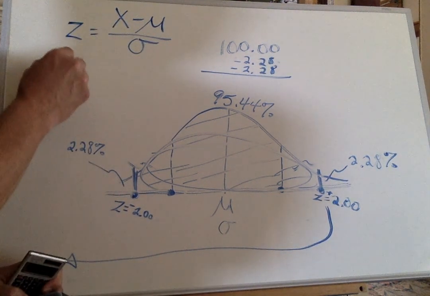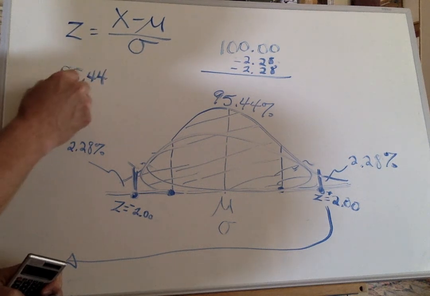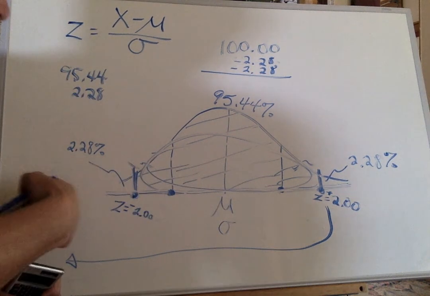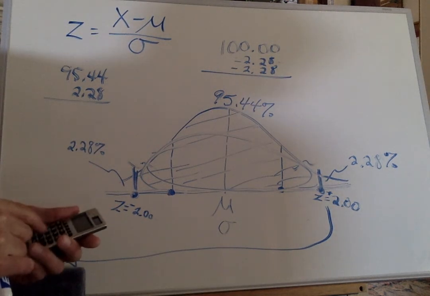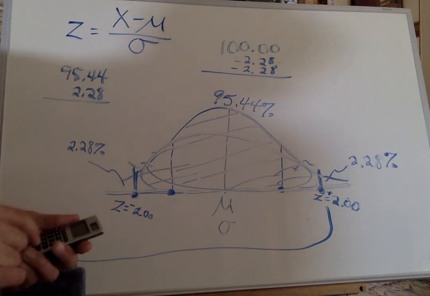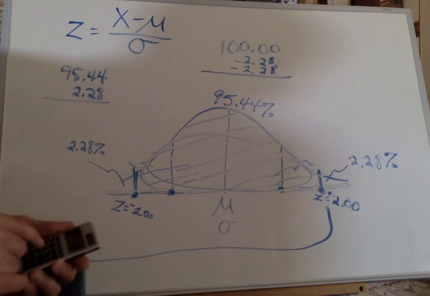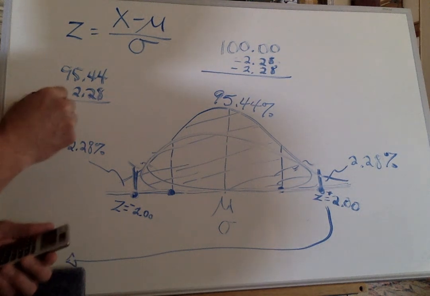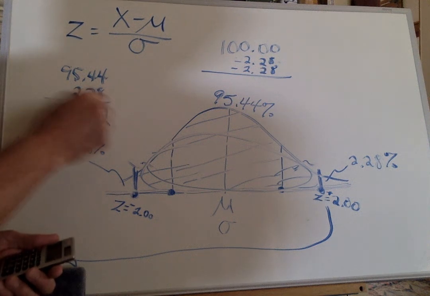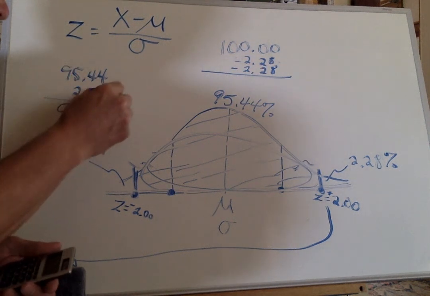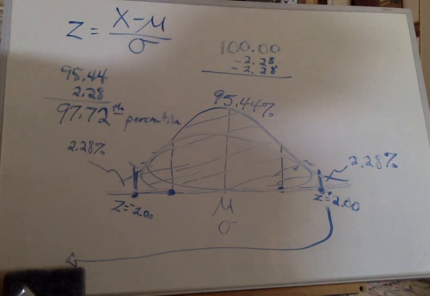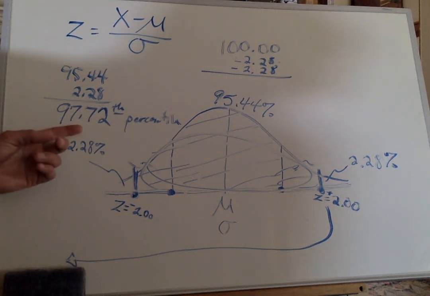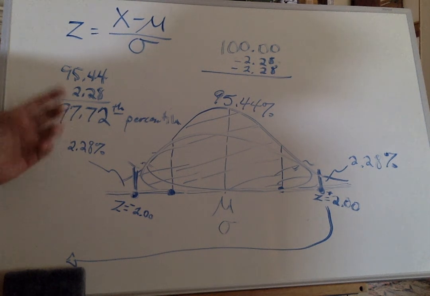So that means 95.44 plus 2.28. Let me do this with a calculator, even though I should be able to do that easily without one. Let's be precise. 97.72. That's the percentile that they're at, which means less than 3% of the people scored above.